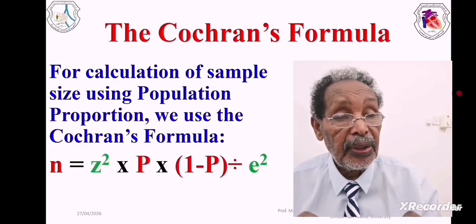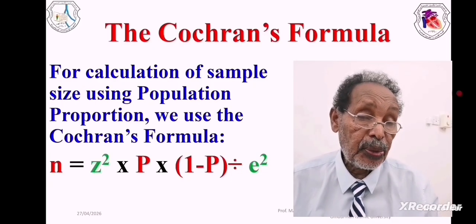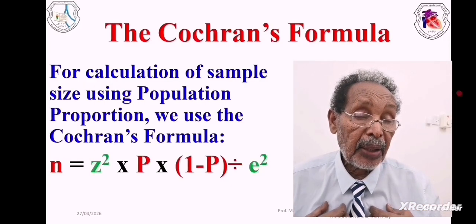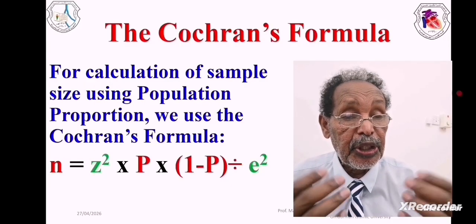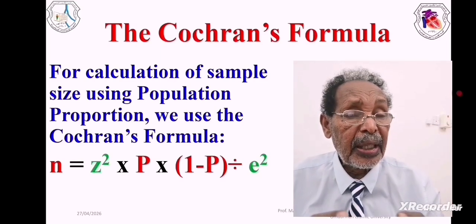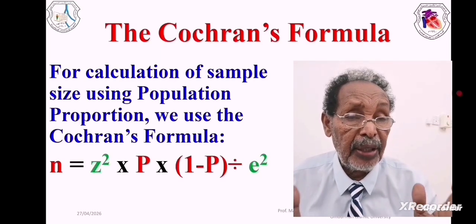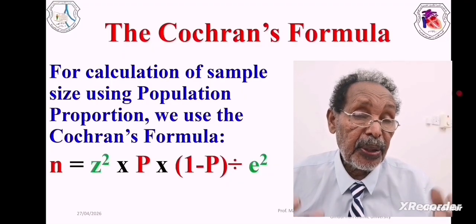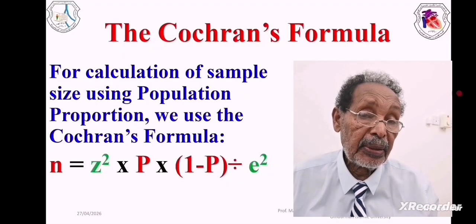A is the margin of error squared. The margin of error, we are going to choose according to the precision we want. Commonly, it is used as 5%, but we can use 5%, 4%, 3%, or 2%.